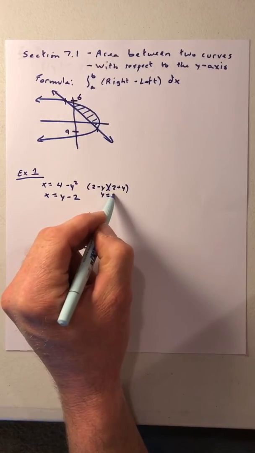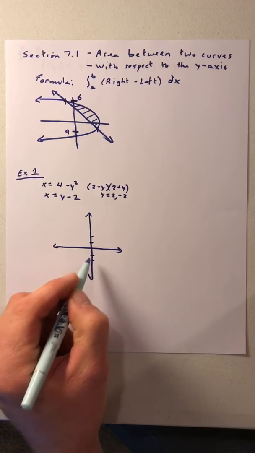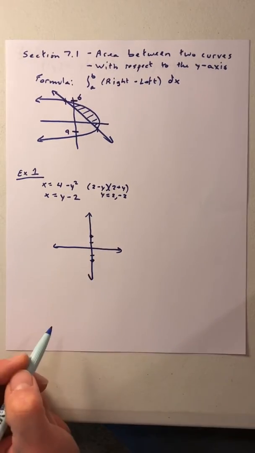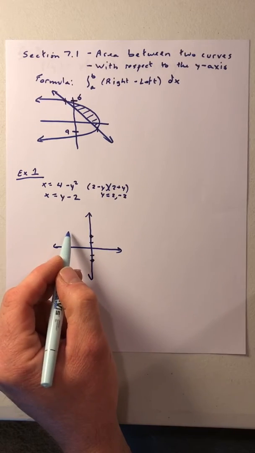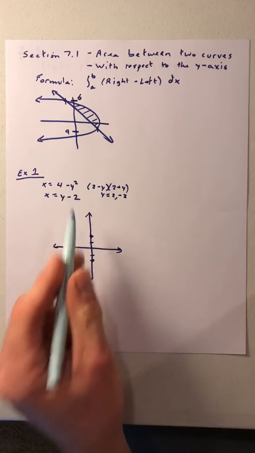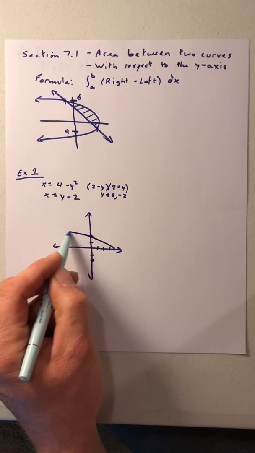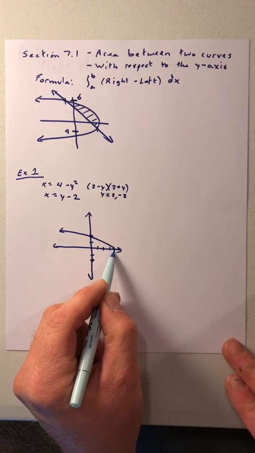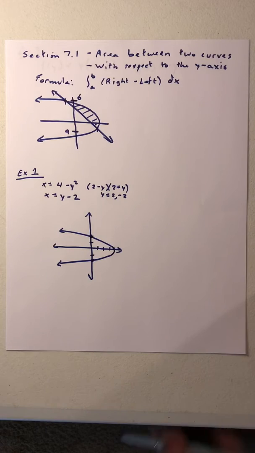So we would know that y equals 2 and negative 2. So we go through the y-axis at 2 and negative 2. It's a negative y squared, so we're going to be opening toward the negatives. And we know that we go through the x value of 4. So we should see a graph, hopefully in our mind, that looks something like this.